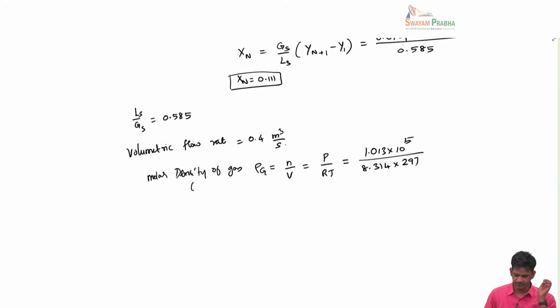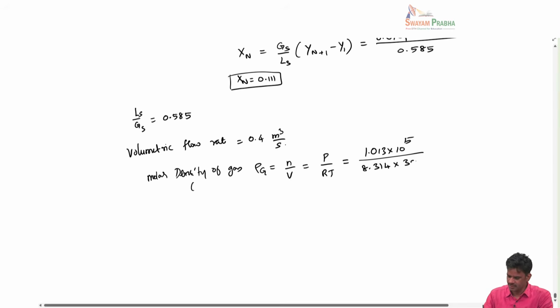Actually it is 24 degrees Celsius, so it will be 301 kelvins. And if you solve this, you will get something like 40.5 moles per meter cube. This is the density of the gas.